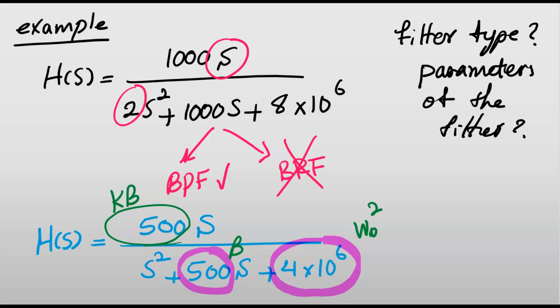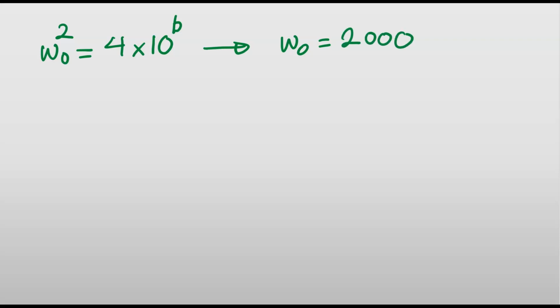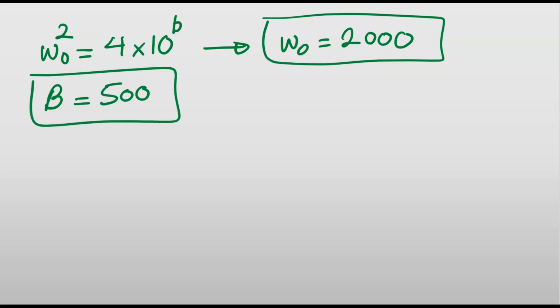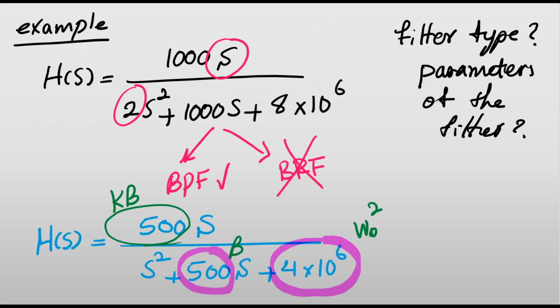Omega naught squared is equal to 4 multiplied by 10 to the 6, so omega naught is equal to 2000. That's the first parameter. Then I have beta equal to 500. The gain is equal to 1 because in the numerator I have k multiplied by beta. If beta is 500, then k is equal to 1.